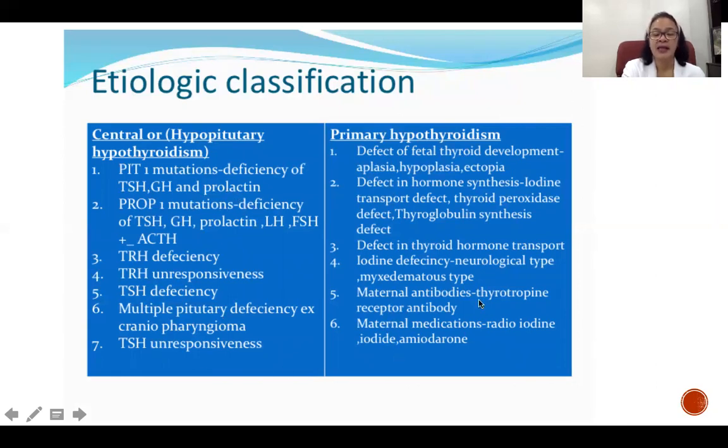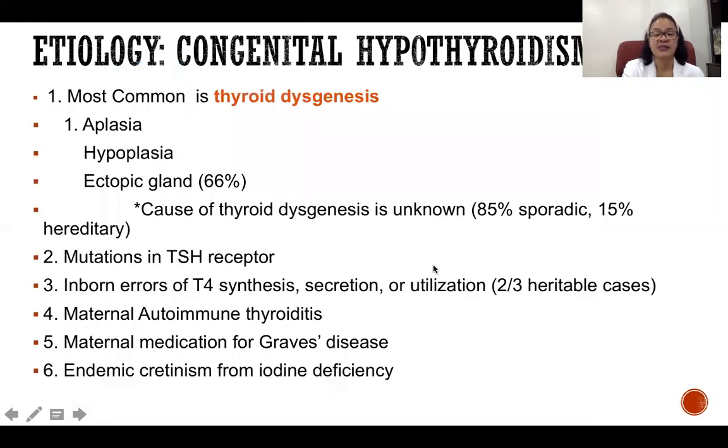And then with primary hypothyroidism, usually it's aplastic or a defect in the development of the thyroid gland itself. Okay, so these are the causes of your primary hypothyroidism.